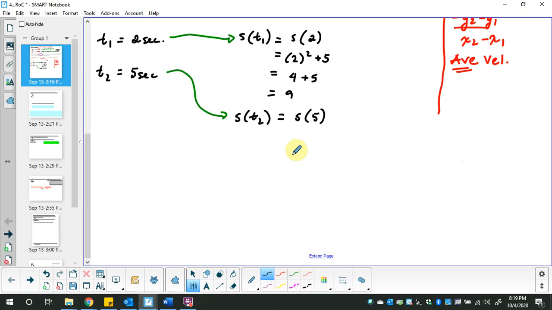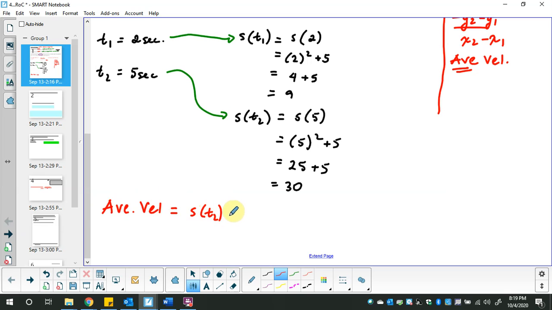So in this case, 5 squared plus 5, so 25 plus 5 is 30. So then we can dig out the formula. So average velocity equals s at t2 minus s at t1 divided by t2 minus t1.